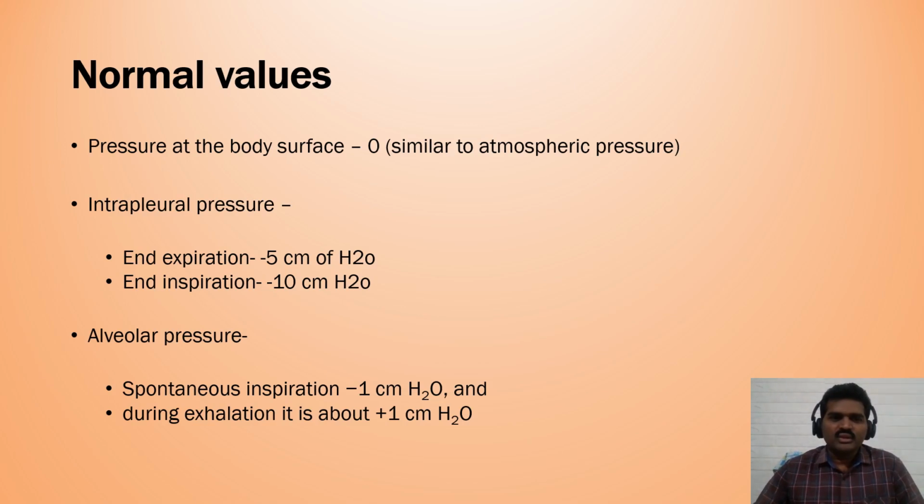So the end expiratory pressure is 0 and at the end of inspiration, the pressure reaches minus 10 centimeters of water, that is lowered. The alveolar pressure in a spontaneously breathing patient during inspiration is minus 1 centimeter of water, and during exhalation, it is about plus 1 centimeter of water.